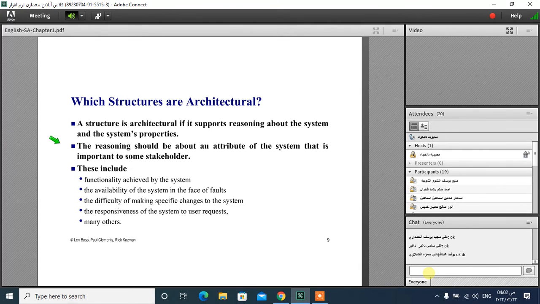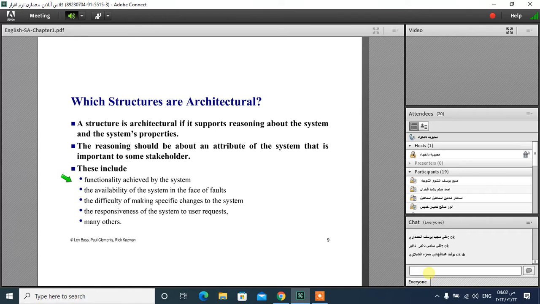This reasoning is about attributes of the system, usually the quality attributes that are important to the stakeholders, maybe all of the stakeholders, or maybe a specific stakeholder. So if a structure can help us to reason about quality attributes of a system, and those attributes are important for our stakeholders, then we can call that structure an architectural structure.